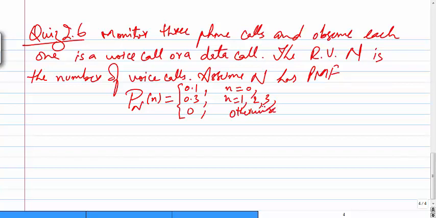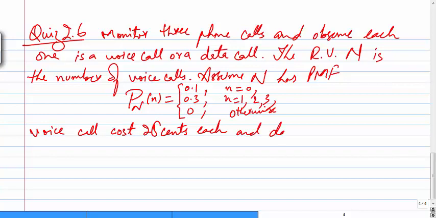So now a voice call has a cost of 25 cents each, and a data call costs 40 cents each.